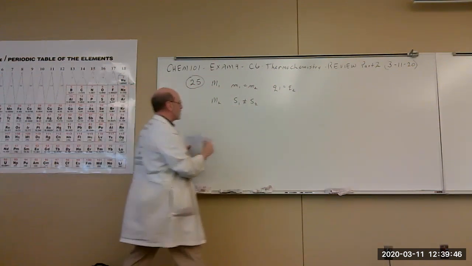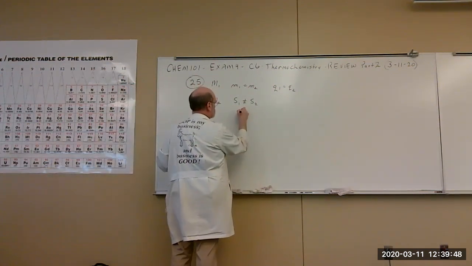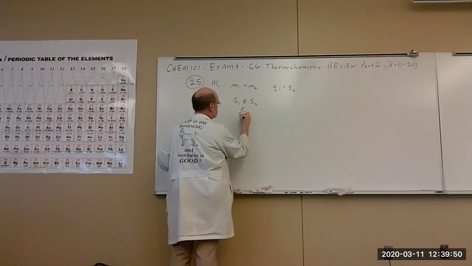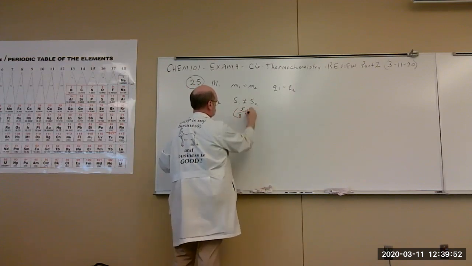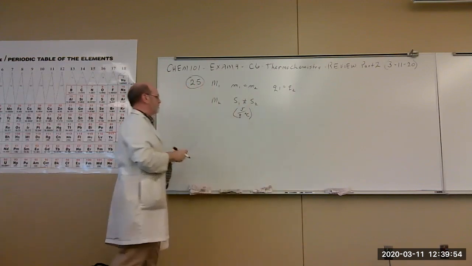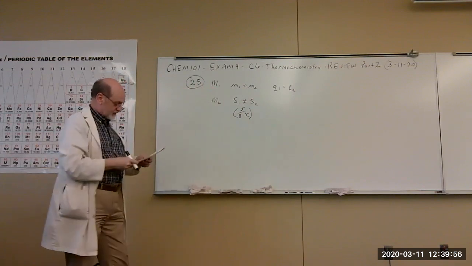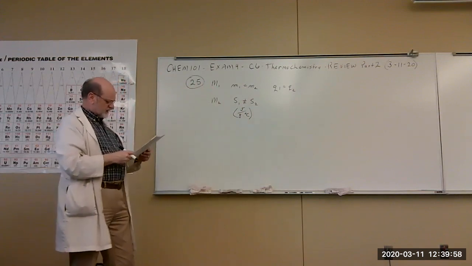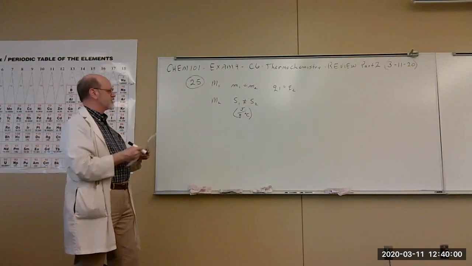Remember the units here. Joules per gram degrees centigrade is specific heat capacity. Okay, conditions. Which undergoes the smallest change in temperature?